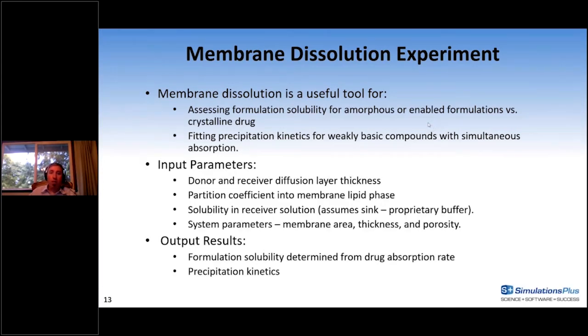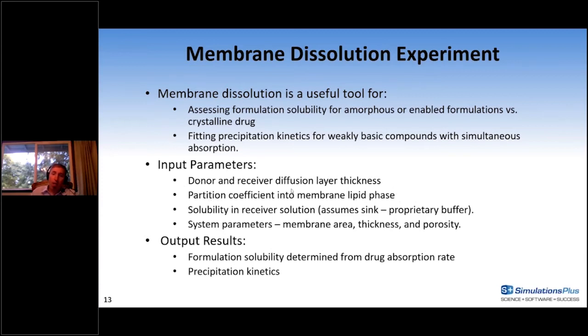Also, it allows you to fit precipitation kinetics in the case of weakly basic compounds if you have a gastric to an intestinal buffer stage in that experiment, and we're going to show that in the example. Input parameters you need are donor and receiver diffusion layer thickness. These are more or less defined from literature values that have been assessed. You can also look at partition coefficient in a membrane lipid phase.